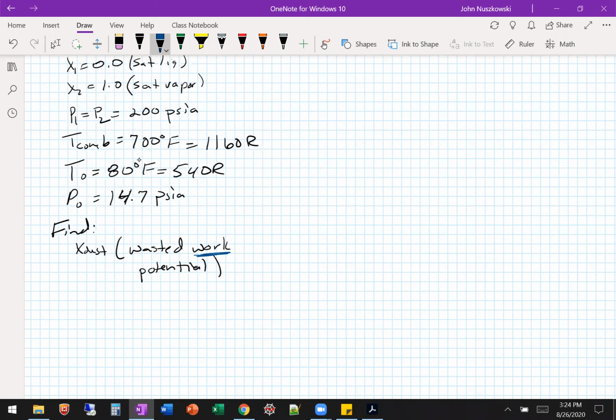So it's wasted work potential. Okay, I'm talking about x destroyed. And then how does T combustion, temperature of the combustion, affect the work potential of the steam stream? That's the work potential, the exergy of the steam stream, which is the change in flow exergy.